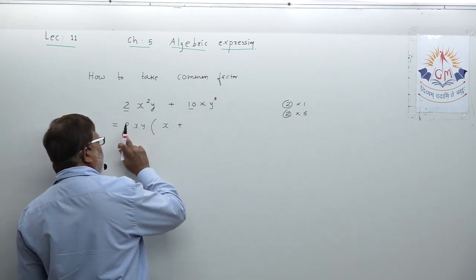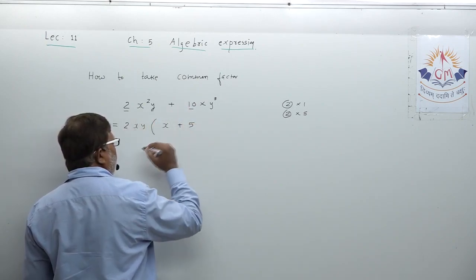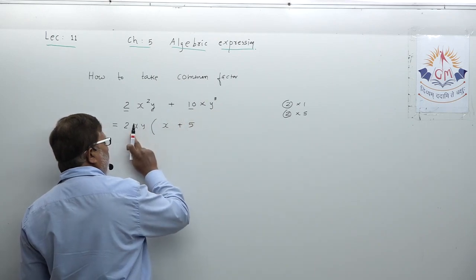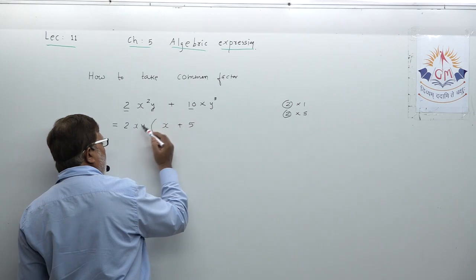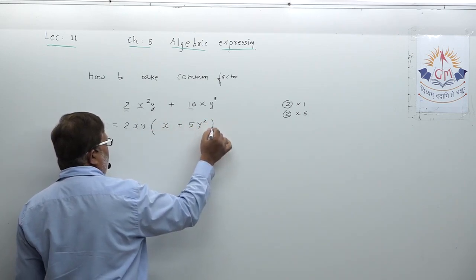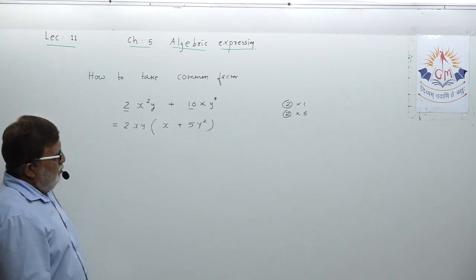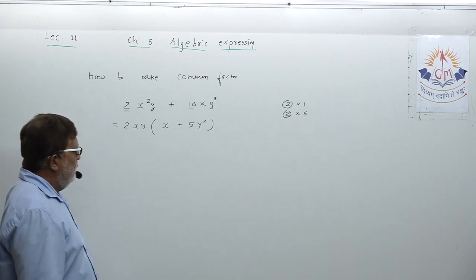Here dear student, 2 how many times gives 10? 5 times. x taken out common. From y cube, y is common, so what is left actually? y square. So this is the way common can be taken out.